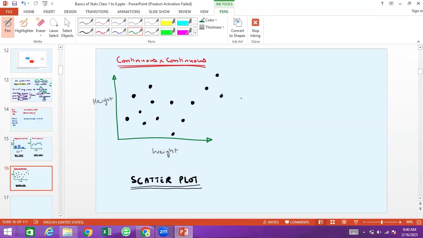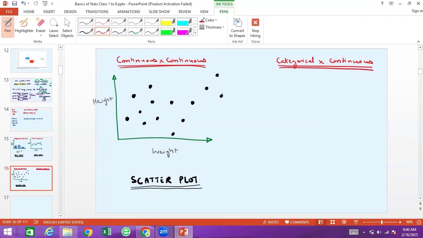The other type will be categorical versus continuous again. But this time we are looking at the proportions.